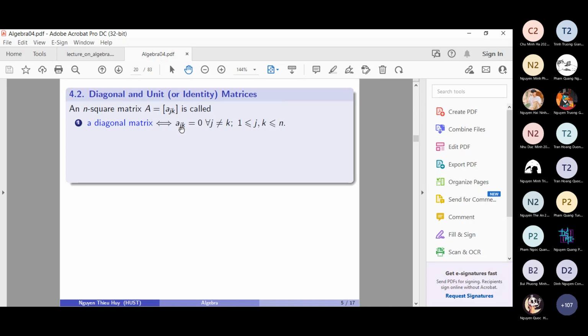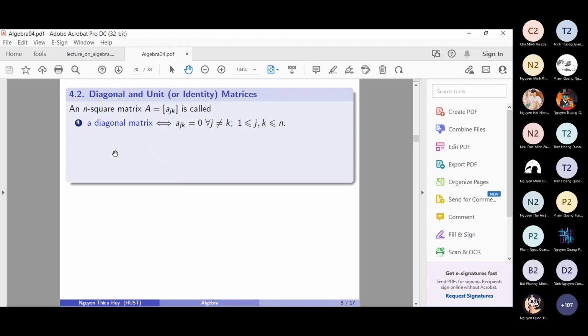So a_jk, when j is not k, means that a_jk is not on the main diagonal. So this means a diagonal matrix if and only if all the entries outside the main diagonal are 0. This means the important information, if any, is lying on the main diagonal, because outside the main diagonal is 0.